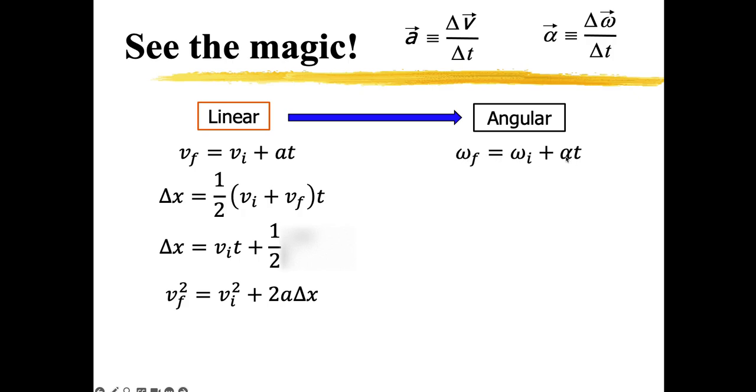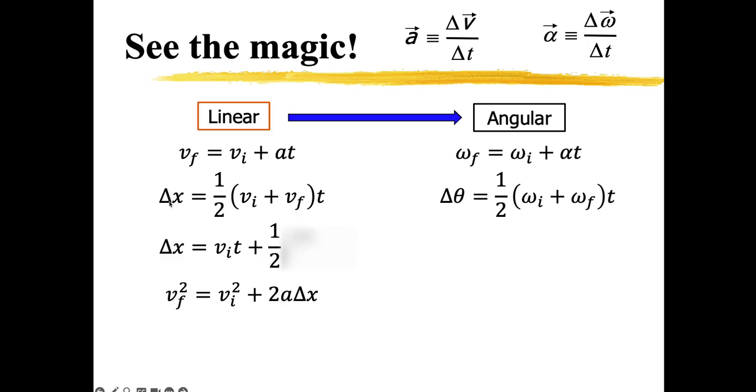So the final angular velocity is equal to the initial angular velocity plus the angular acceleration times the time. Same kinematic equation, but this one operates in the angular space where we're measuring changes in angle.